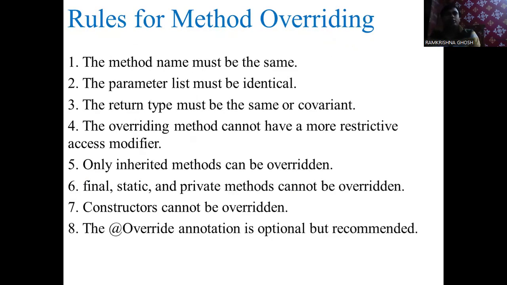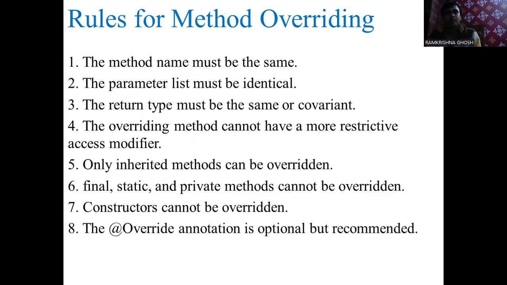Rules for method overriding. The method name must be same. Same method you have to use in the superclass as well as in the subclass. The parameter list must be identical: the number of parameters, the order of parameters, and the data types of the parameters.